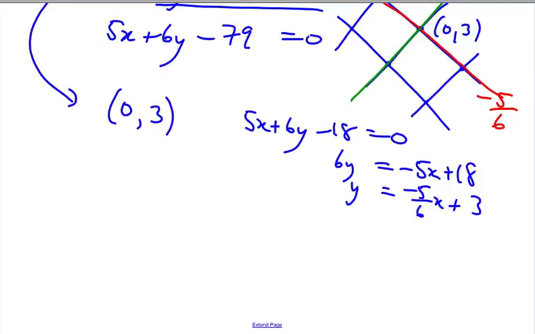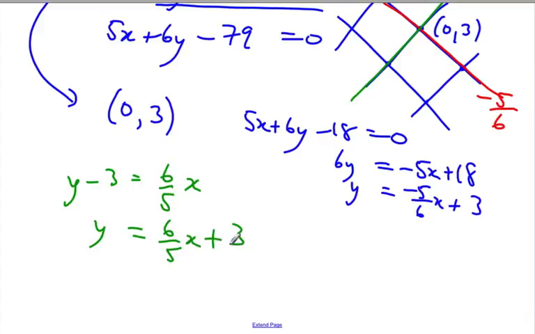We can work out the equation of the green line, which is y minus y1, y minus 3 equals gradient bracket x minus 0, which is that. So y equals 6 over 5x plus 3. Okay, so we haven't answered the question, but we've got the equation of the perpendicular line to both of those lines.